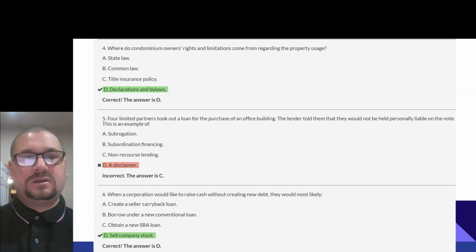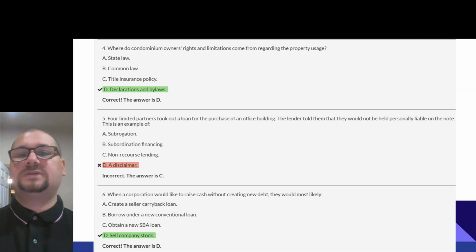So four limited partners, right? Limited meaning there's limited liability there. The lender told them that they would not be held personally liable on the note. So this is an example of non-recourse lending.